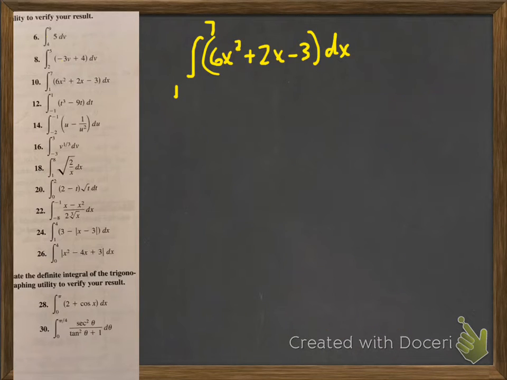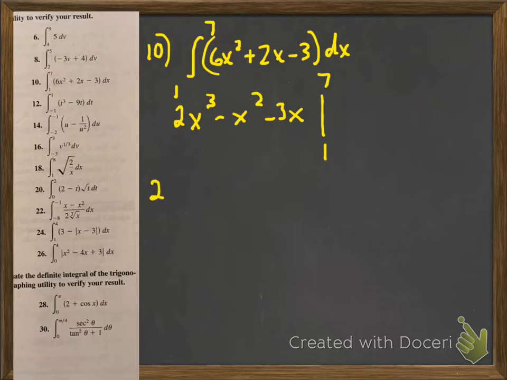Working our way down the list, we have number 10. So we need to integrate first. It's going to be x cubed divided by 3. So 6 divided by 3 is 2. Minus x squared. The 2 and the 2 cancel out. Minus 3x. Bounds go from 7 to 1. So we have 2 times 7 cubed minus 7 squared minus 21, minus a quantity, 2 minus 1 minus 3.